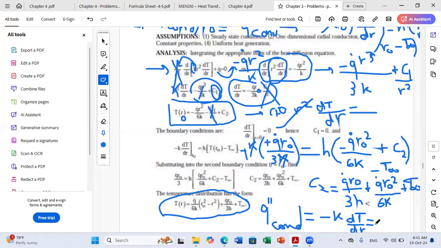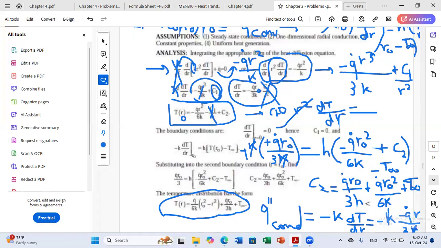So it's equal to minus K times minus q dot r over 3K. And K will cancel out. So Q second conduction is plus Q dot R over 3.